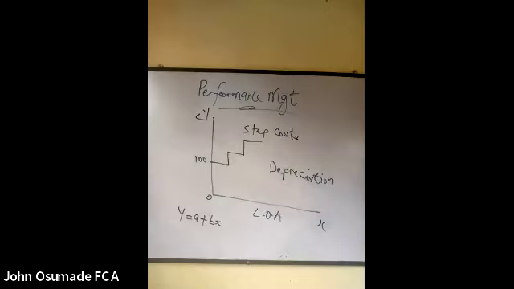Now, let's interpret this question. To use the high and low method, you actually look at the level of activity and the total cost.